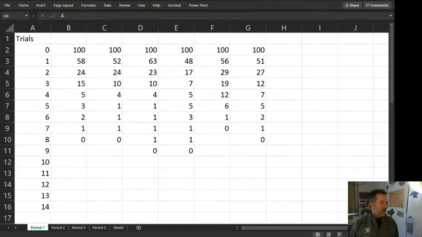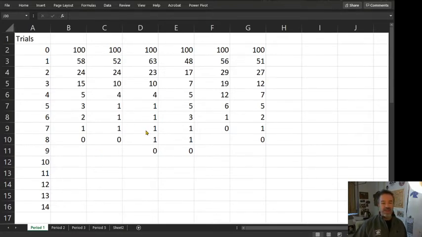You can see I have the number of trials, and starting with 100 pennies, after the first trial this group had 58 pennies, then trials 2, 3, 4, and eventually it ends at 0. I'm going to say safely, although there's a chance it will never go to 0, eventually it goes to 0.